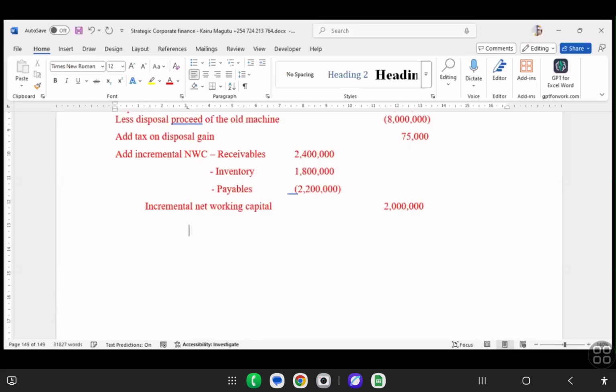Is there anything else that I have left out? This is the incremental initial capital outlay.